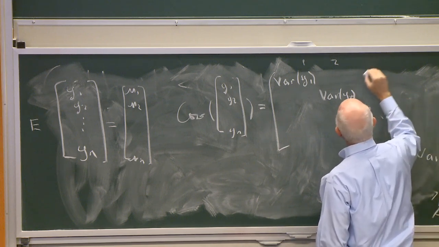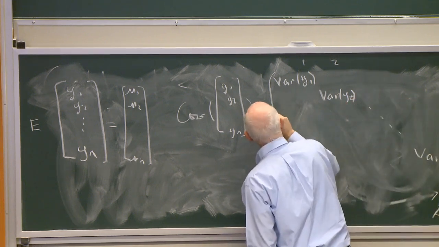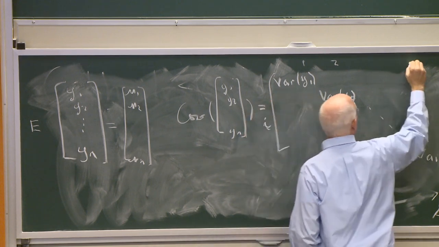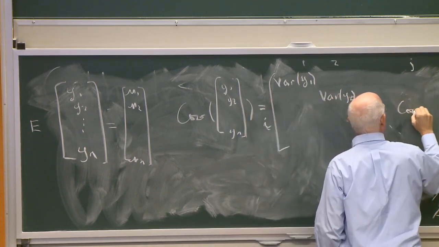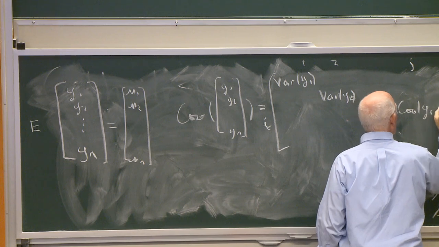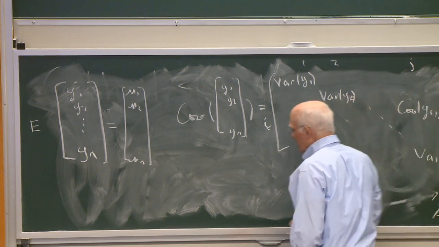And in the ijth row, we have the covariance between yi and yj.